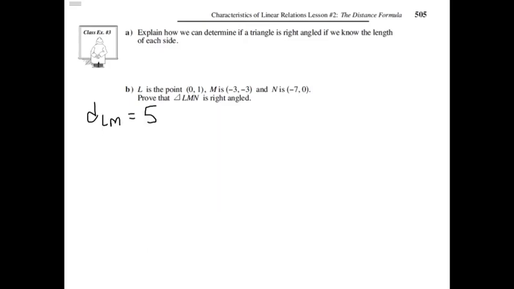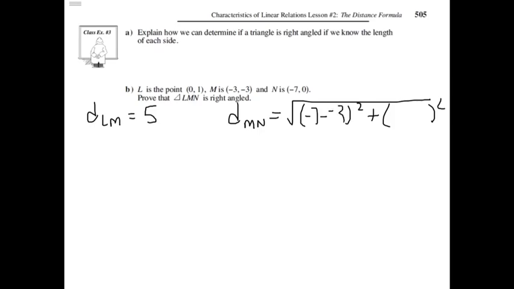So next up, we're going to start with the distance between M and N. Placing these into the distance formula, you're going to start with your x's first and then your y's. Your x's are going to be -7 minus -3, squared, and you're going to have 0 minus -3, squared.